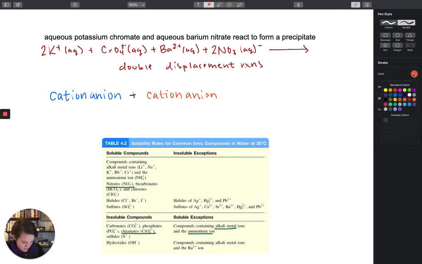if a precipitation occurs. Okay, so we had that cation and anion, and now because they're separate in solution, we have the opportunity for what I like to call a do-si-do.